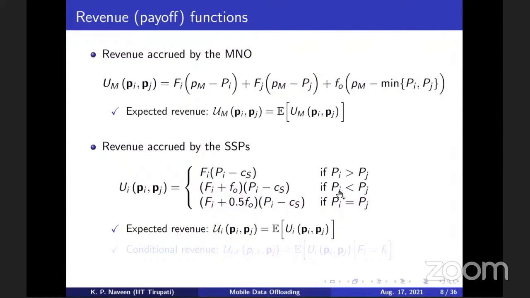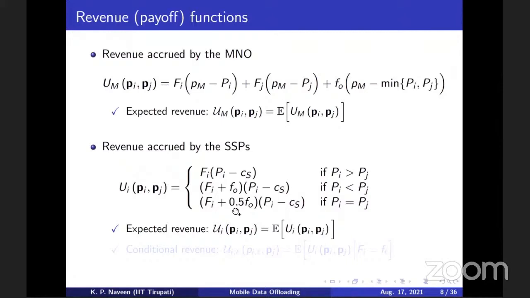Similarly, if Pi happens to be less than Pj, then SSP i gets to serve both the monopoly flow as well as the offloaded flow. And in case Pi is equal to Pj, we are assuming a model where half of the flow is offloaded onto SSP i and the remaining amount of offloaded flow onto SSP j.